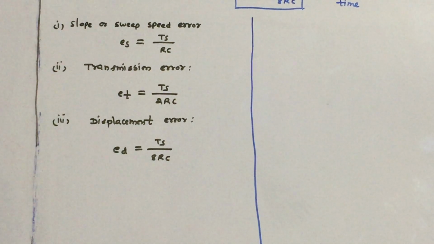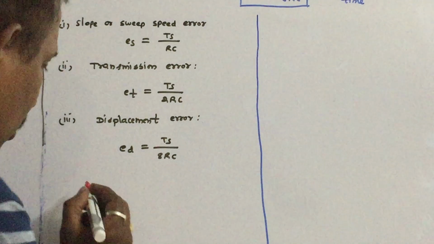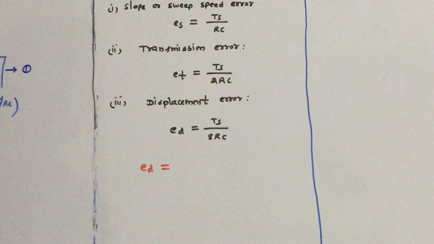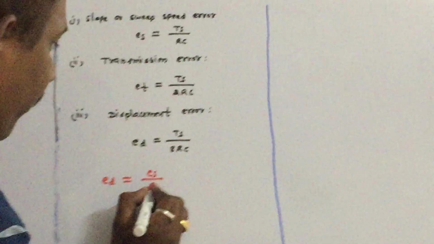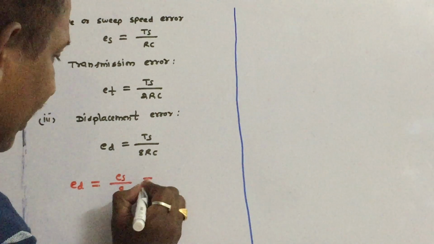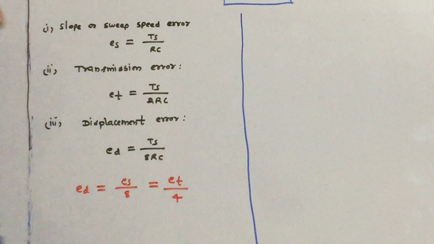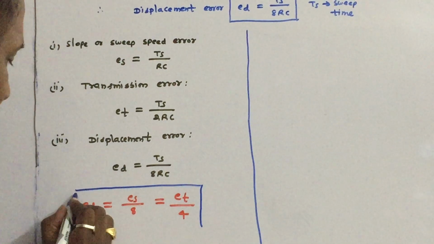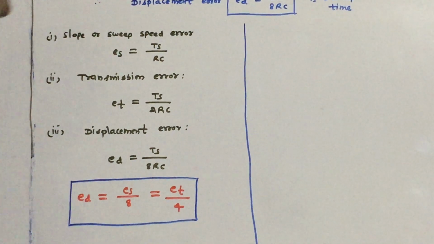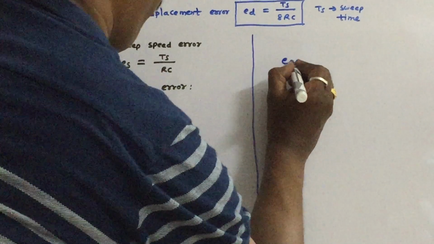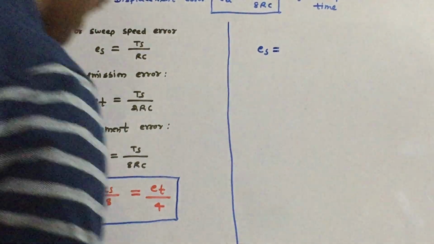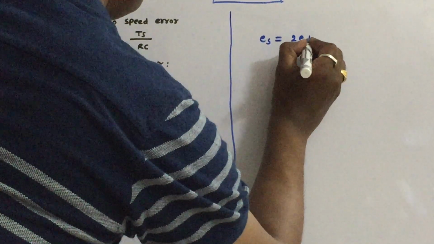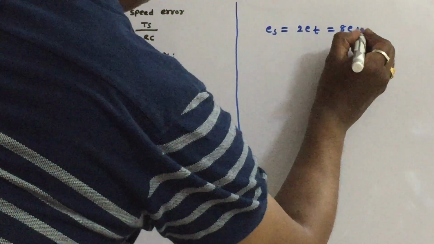From these three relations, you can easily write Ed as Es by 8 or Et by 4. This is a very important derivation in the examination. You can also write it as Es is equal to 2 times Et or 8 times Ed.